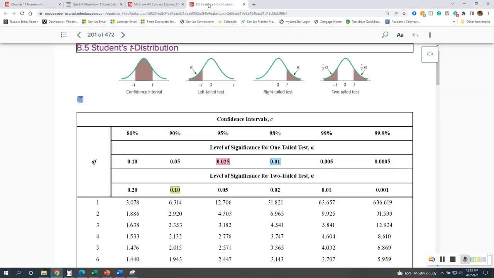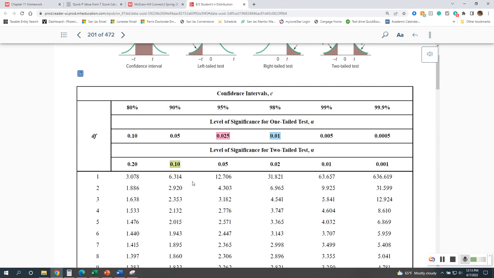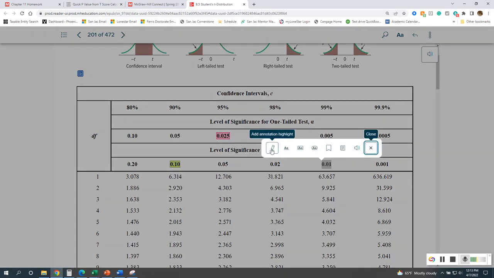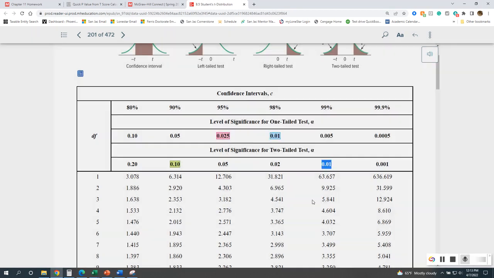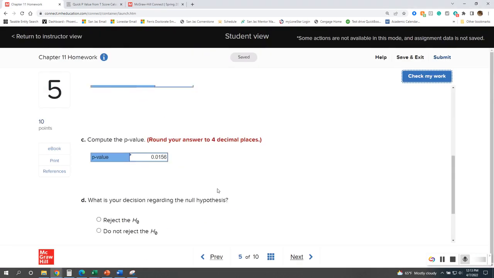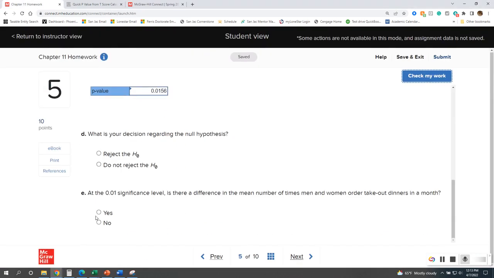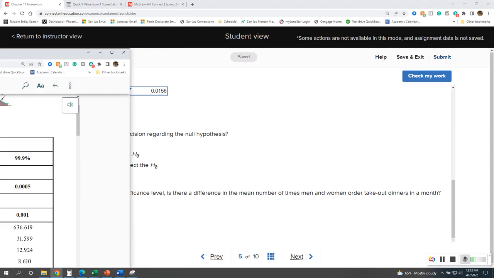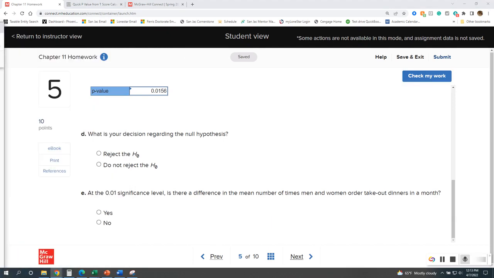Okay, so let's go ahead and look. We know it was 0.01. It's a two-test, or two-tail. Yes. And we know it was at 64. So second to the last column.